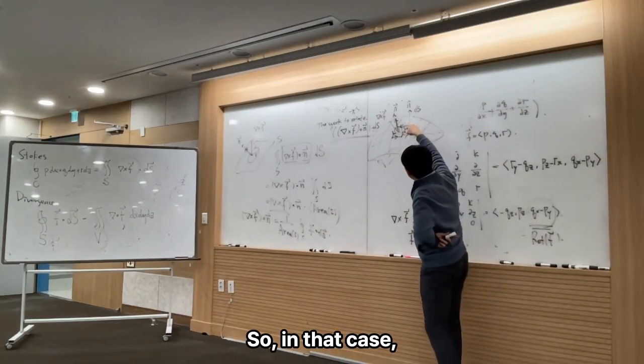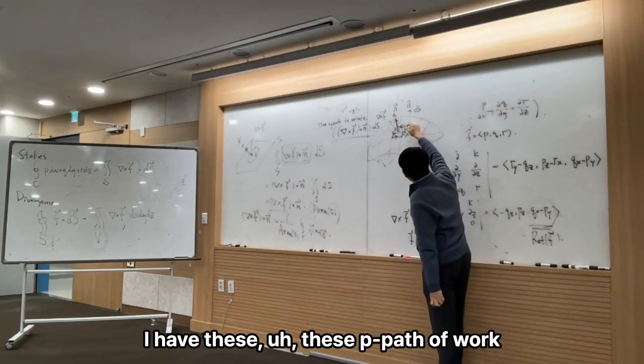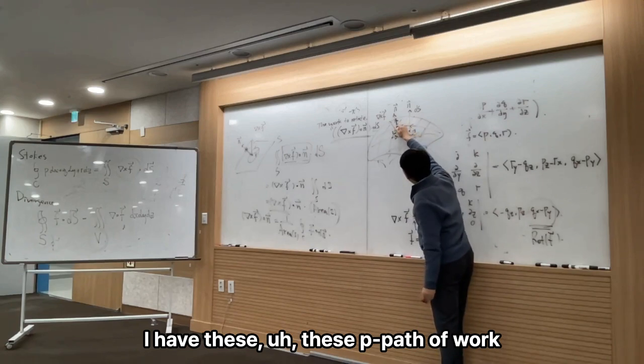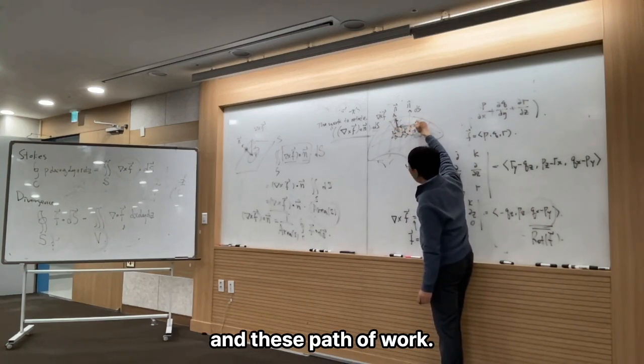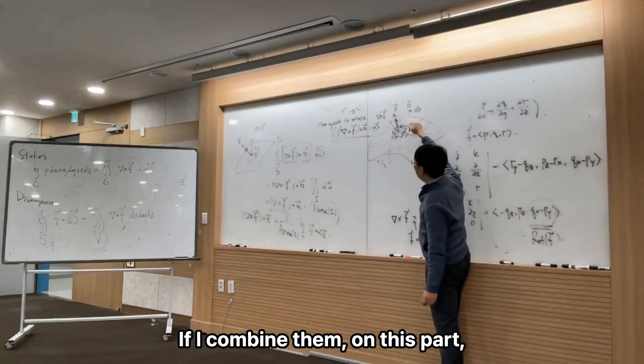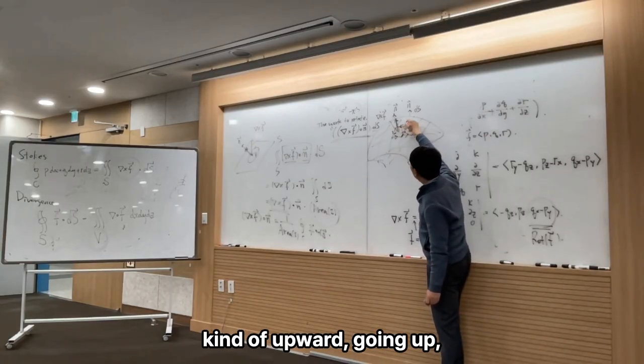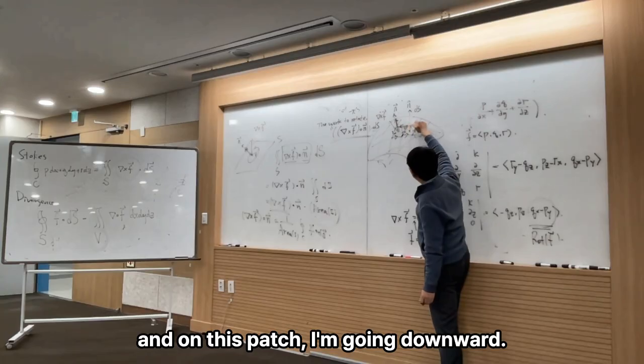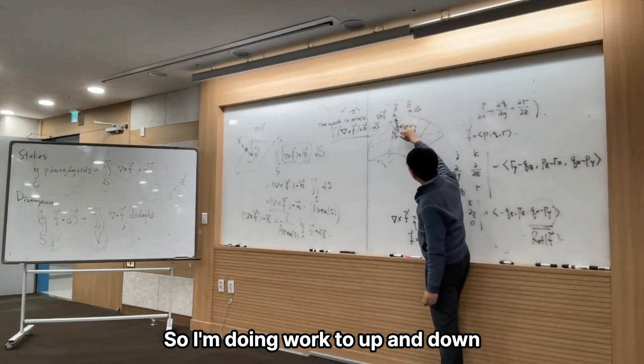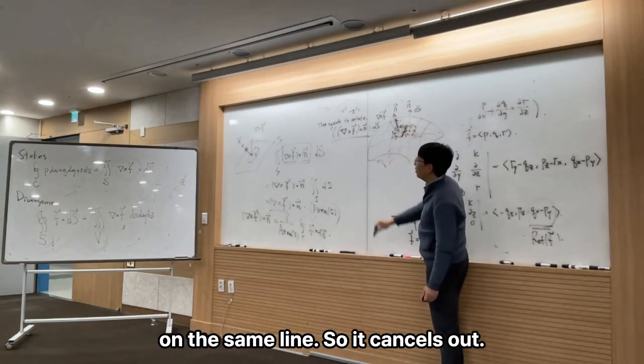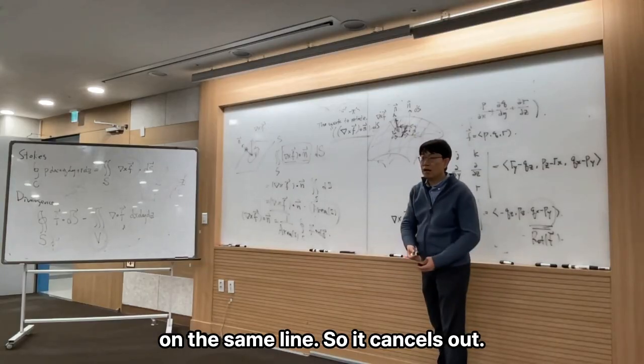So I have these patches of work. If I combine them, on this part I'm going upward, and on this patch I'm going downward. So I'm doing work up and down on the same line, and it cancels out.